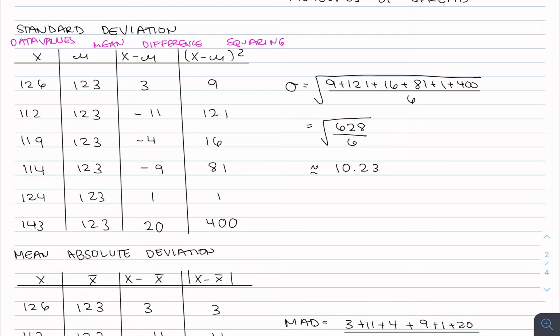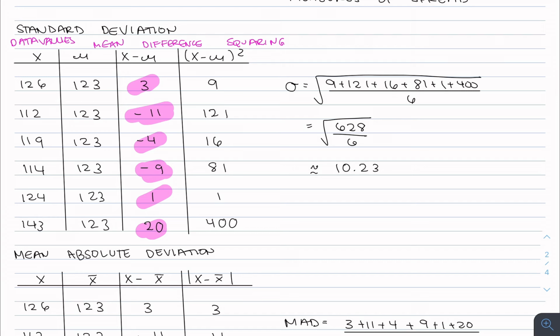above, and subtracted them out. Some of the numbers are positive, some of the numbers are negative. If you notice something, negative 11 and negative 9 cancel with 20. And 3, negative 4, and 1 all cancel as well.